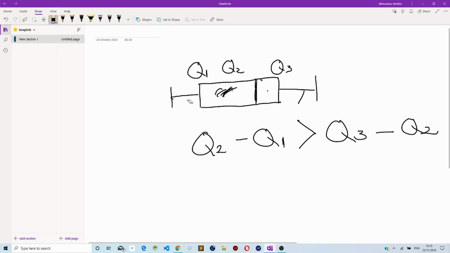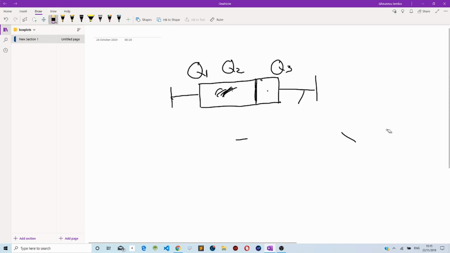So let's also take a look at the second scenario.